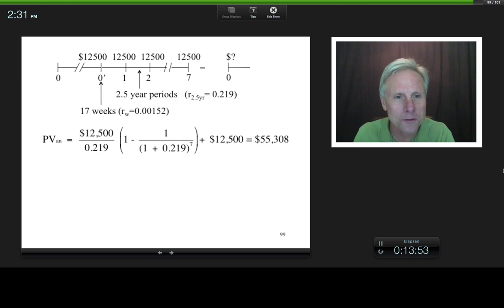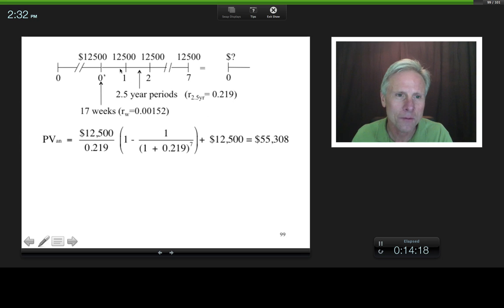So I can add them because they're both in the same time period. So another way to do this problem, so you don't have to figure out what is one time period less or 2.5 years less than 0 prime, is to say, all right, let's forget this guy isn't there. So we'll account for these 7, which is why I'll put a 7 there, which means that all of this is true. The annuity is true for what time period? T equals 0 prime, or 17 weeks from today.